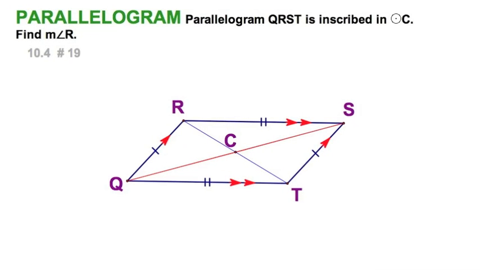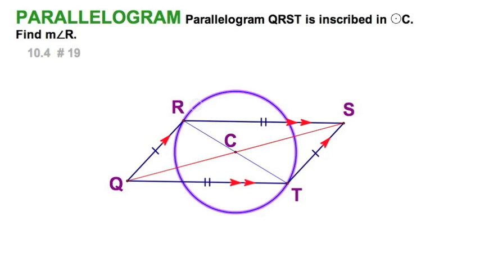And here's an exercise from section 10.4, number 19. We're given a parallelogram QRST, and you can see from the markings, opposite sides congruent, opposite sides parallel. Also, we know that the diagonals bisect each other. So the blue diagonal and the red diagonal bisect each other. We'll say they meet at the point C. Let's put in a few circles here.